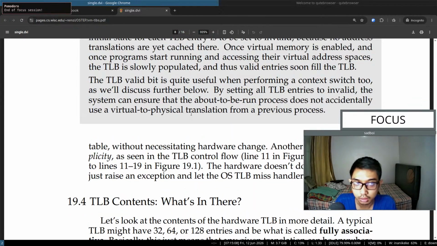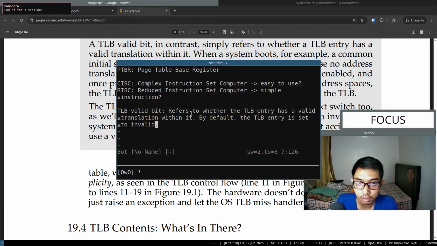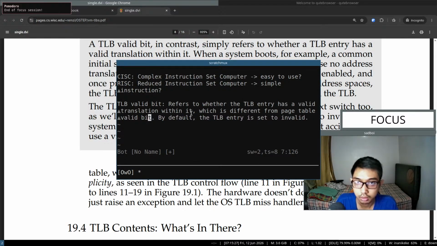Okay. It is different from the page table valid bit.